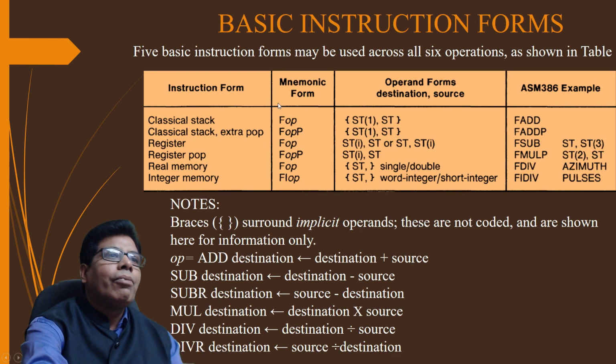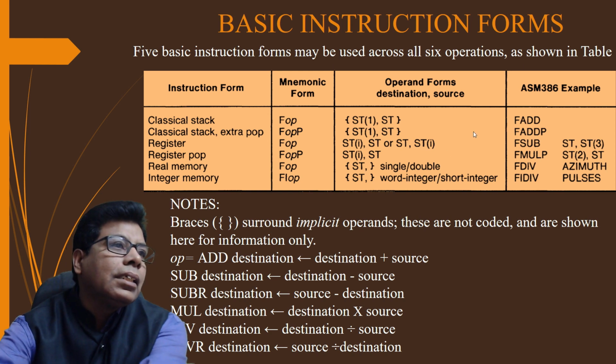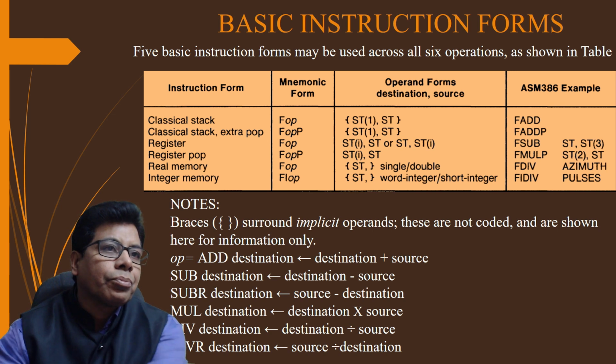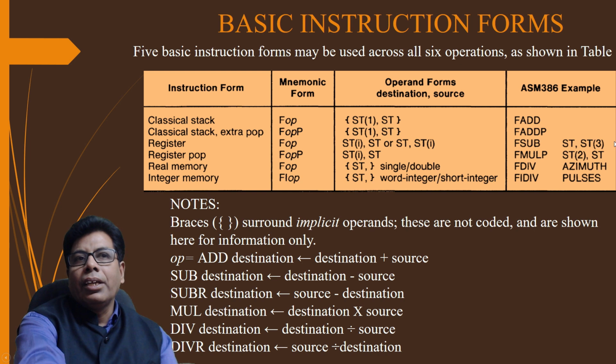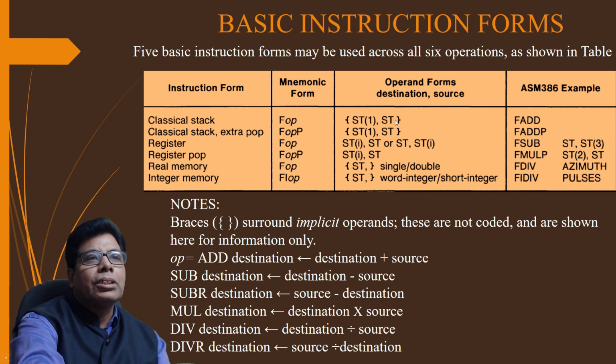We have 5 basic instruction forms that may be used across all 6 operations. The first form is the classical stack. In this form, the 80387 works as a classical stack machine, so it will perform the operations on the stack.